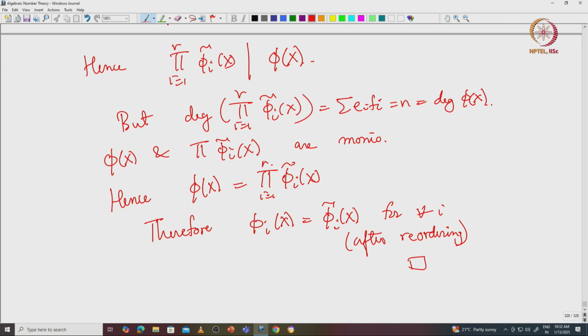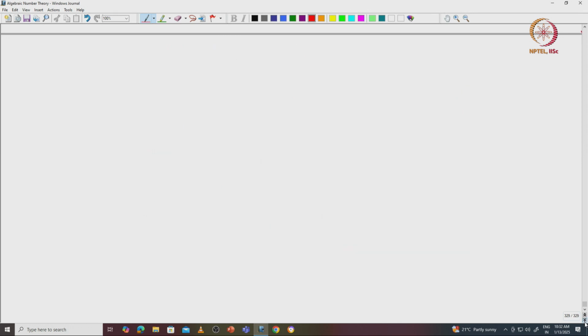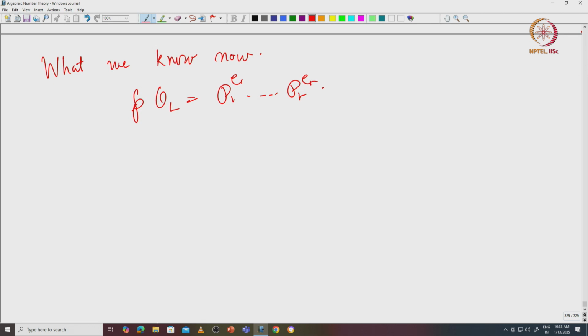So now it tells you something about how to find prime factorization. So what do we know now? Let me just recap what we know. I want pO_L to be P_1^{e_1} up to P_r^{e_r}, right.